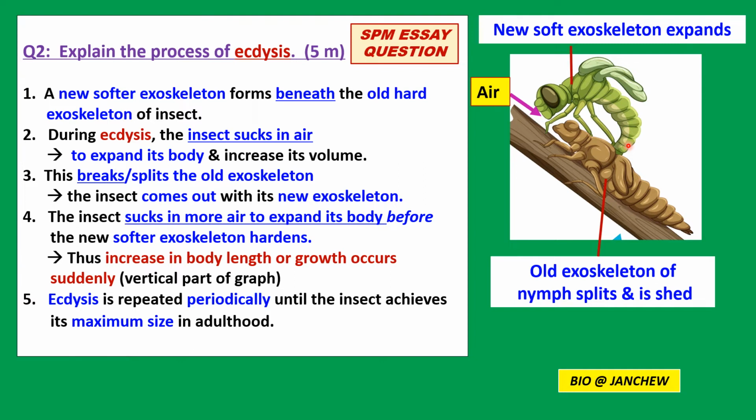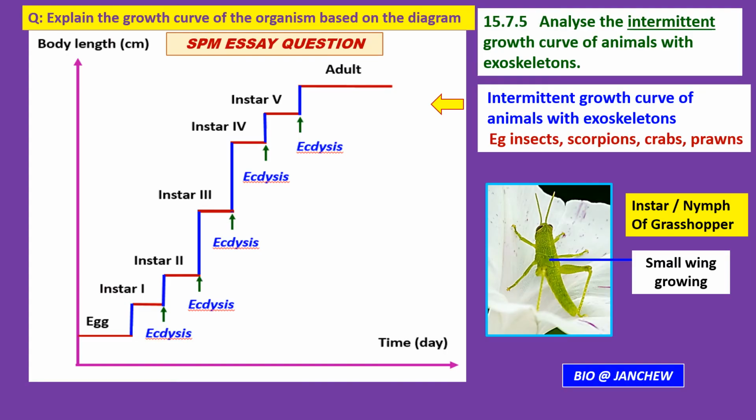Again, then it will have to shed its exoskeleton, okay, and get a new bigger one. So ecdysis is repeated periodically until it reaches adulthood. Okay, for grasshoppers, ecdysis occurs 5 times, right, during the instar stage or the nymph stage.